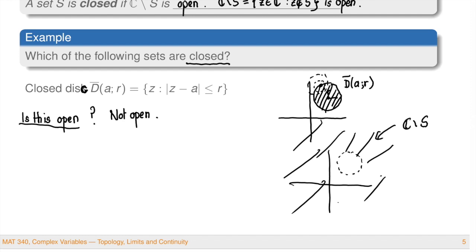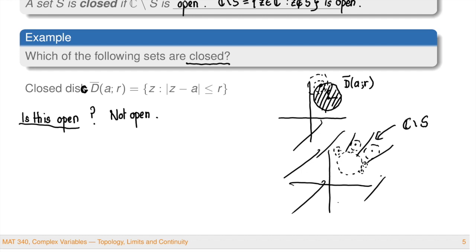So the question now is, is this thing open? And the answer is yes, because no matter what point I take, I'm going to be able to find an open disk. Even if I take a point here, I can take a smaller one, even smaller one. So no matter what point I take in the complement, I can always find an open disk centered around that point that is completely contained in the complement.